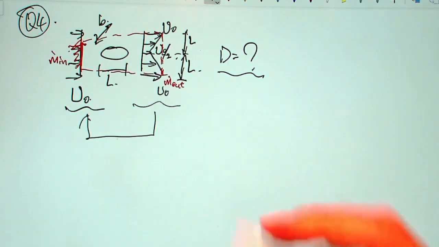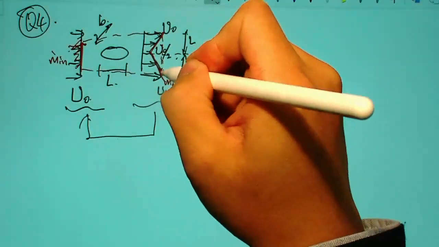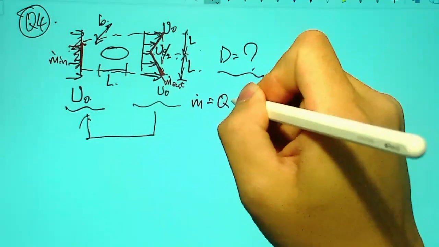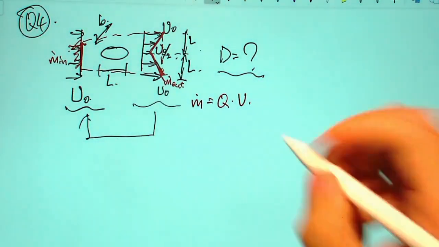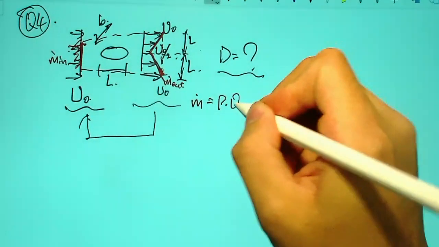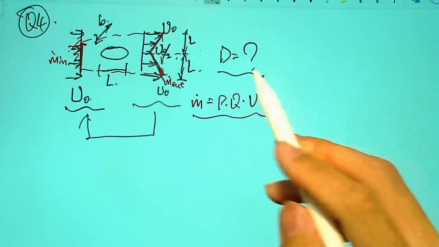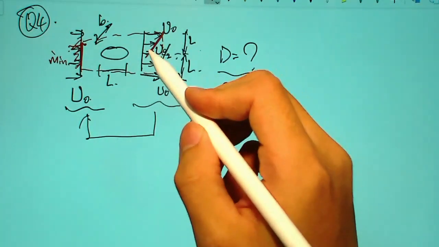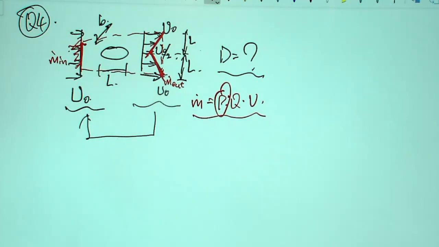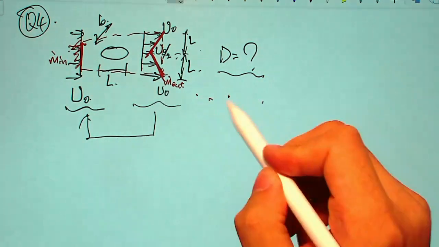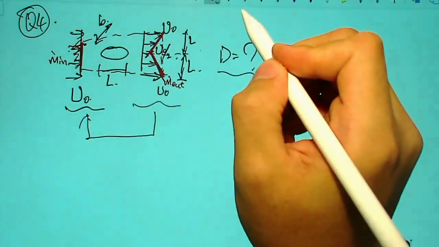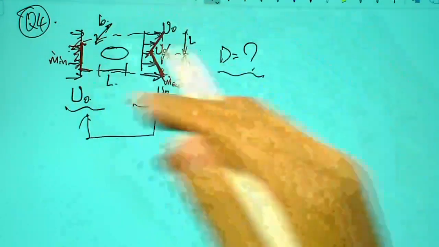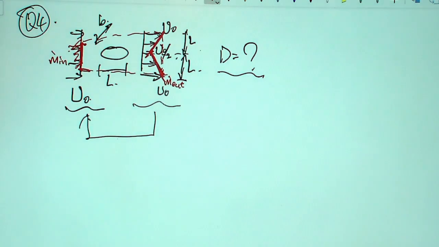Then we can imagine, since we have some velocity loss here, the mass flow rate is density times Q times V. We have the same density. So if we have some velocity loss, that means we must have a smaller inlet compared with the outlet. Is that clear at this step?